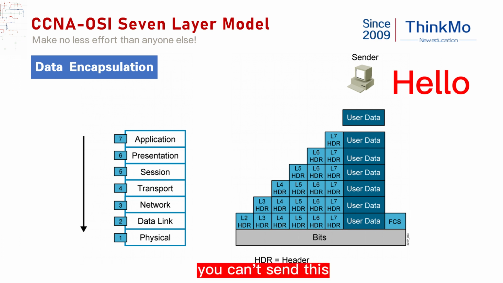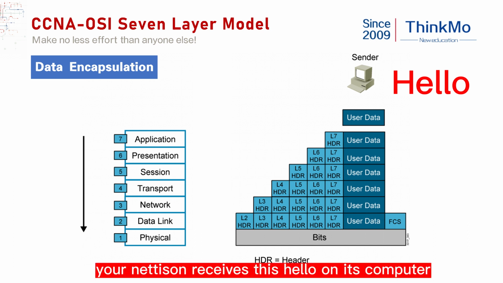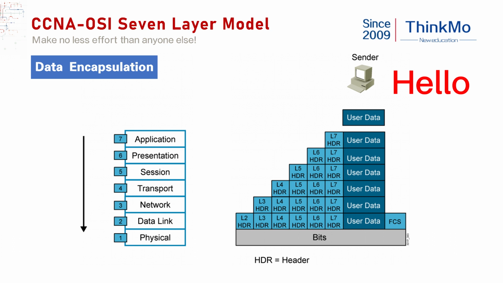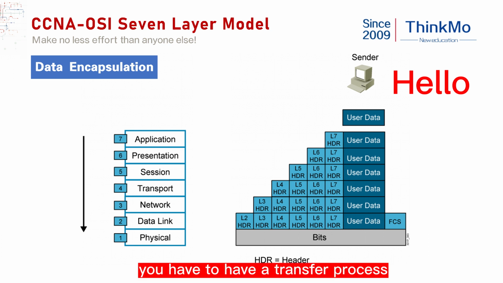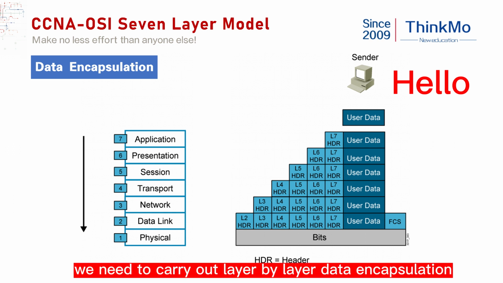You can't send this. So you want this hello to arrive at another person, for example, your friend, your netizen who receives this hello on their computer. You have to have a transfer process. During transmission, we need to carry out layer-by-layer data encapsulation.